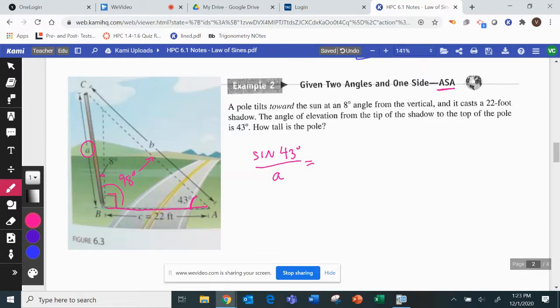Use your triangle sum theorem: 180 degrees minus 98 degrees minus 43 degrees. What is angle C? 39? Yeah. Okay. All right, so now I can do sine of 39 degrees over 22 feet. Cross multiply.